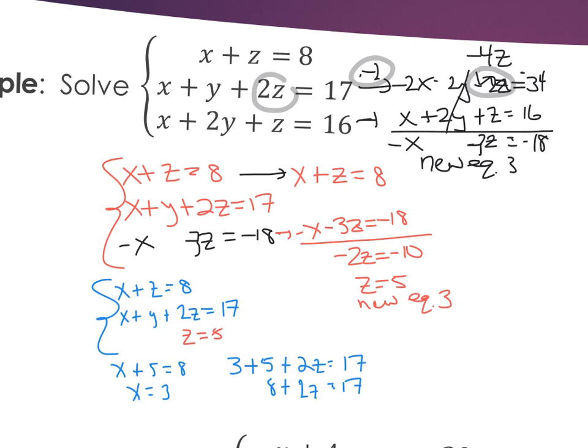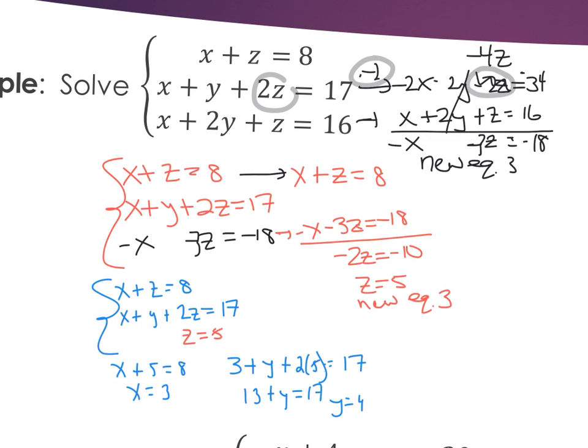Oh, look at this. Did you see what I did? I replaced the x with a 3, but I put the z equals 5 in for y instead of in for z. Whoops. Okay, so we'll have 13 plus y equals 17, or y equals 4.